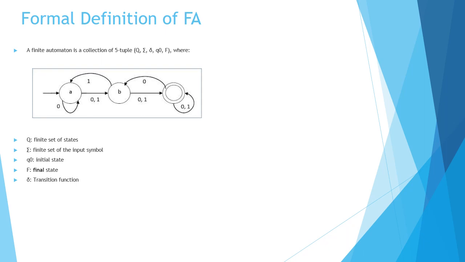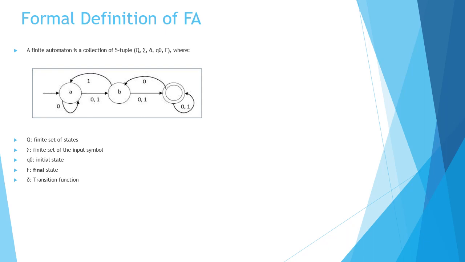Now we are in the initial state, which is A, and whenever we give the input 0, we move to the state B. This is our transition function, and it has two inputs: the current state and the next input symbol, and we reach the next state.